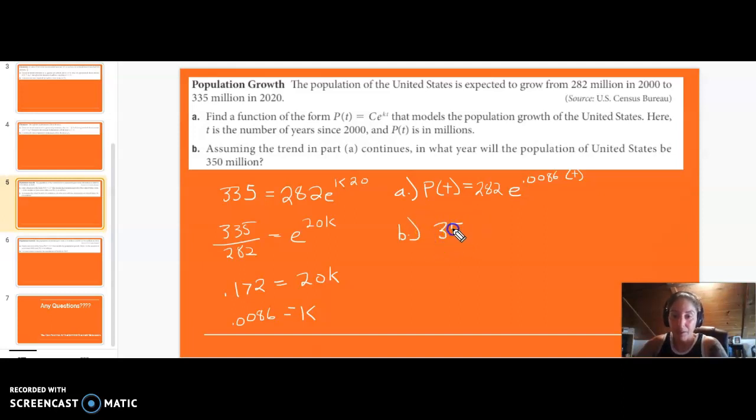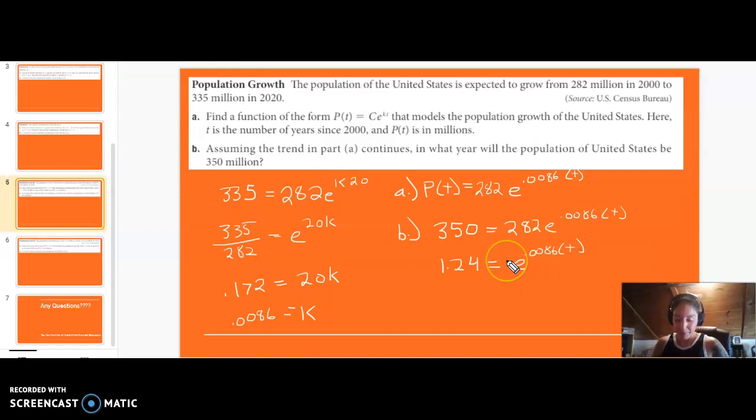Okay, so if the population is now 350 million, that equals 282 e to the 0.0086 t. What is t? I don't know, because the question is asking how long, so that means we're solving for t. So 350 divided by 282 gives us 1.24, equals e to the 0.0086 times t.